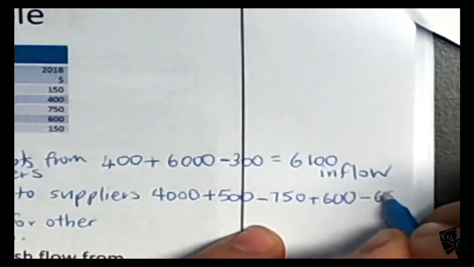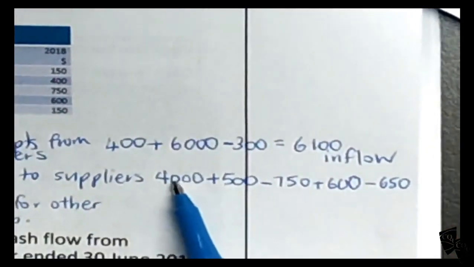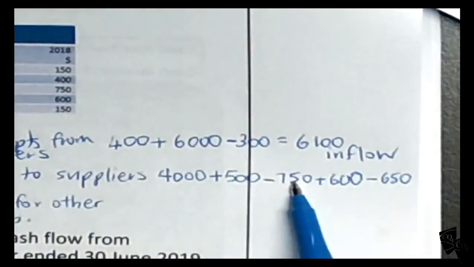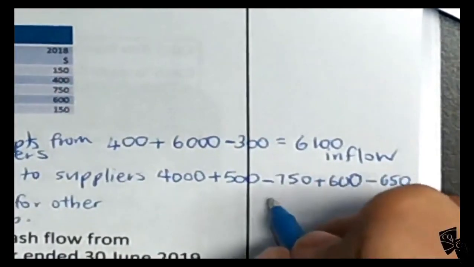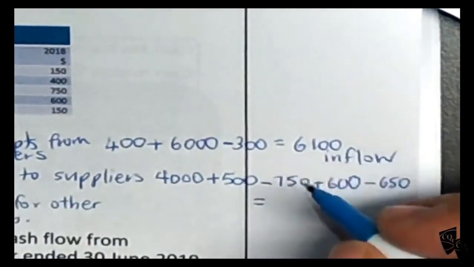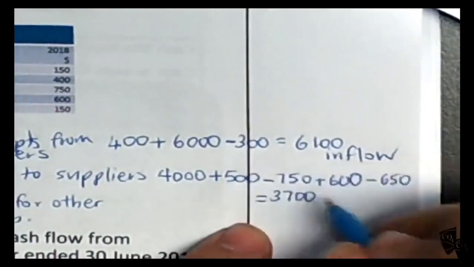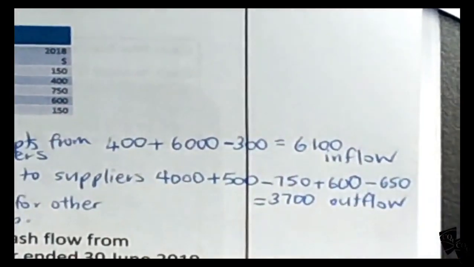What was the closing balance? 650. So when I put that into my calculator, the 4,000 cost of goods sold plus 500 minus 750, accounting for inventory, plus 600 minus 650, accounting for the accounts payable, I get 3,700. And that is a cash outflow. Okay, so that's 2 categories done.